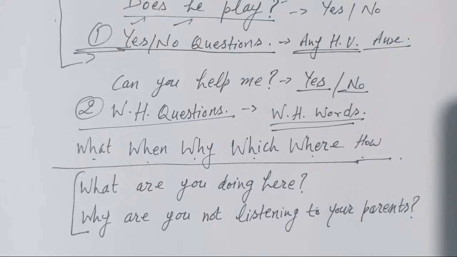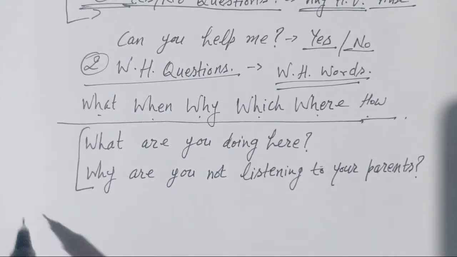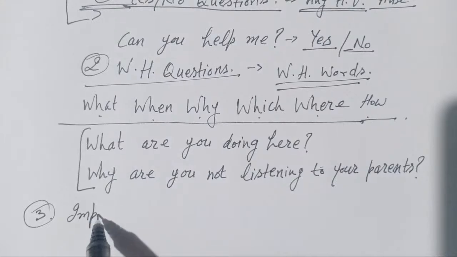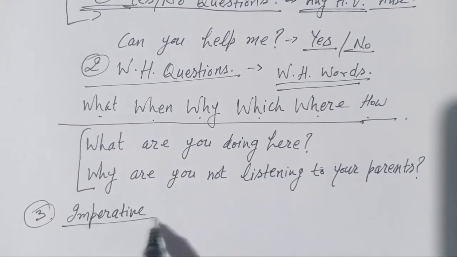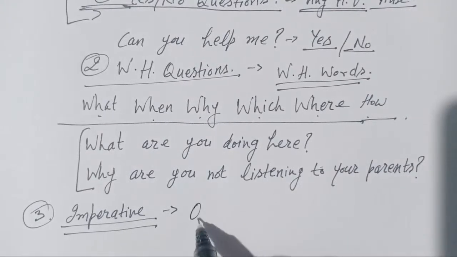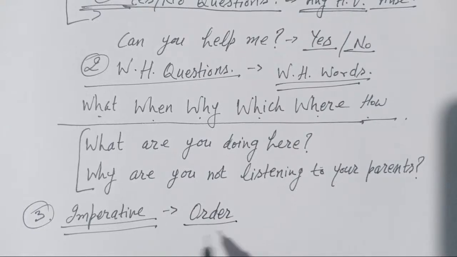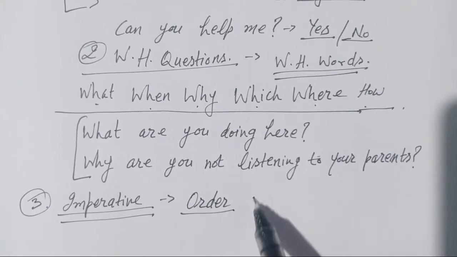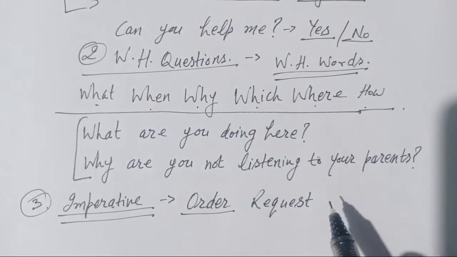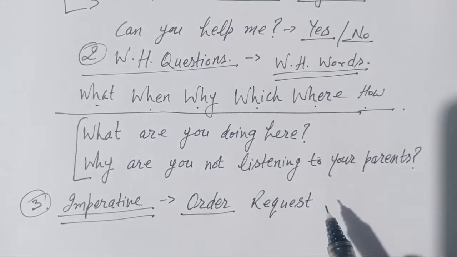Now the third type is imperative. In imperative sentences, we are ordered, means we will find any order, any request, or any command, you can say, forbidding, okay, any permission.